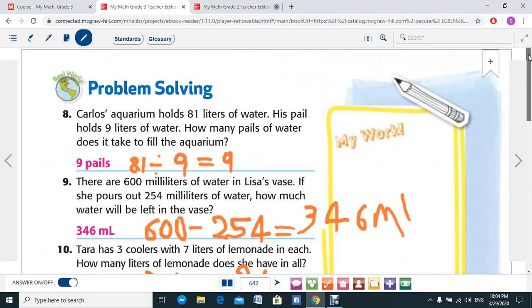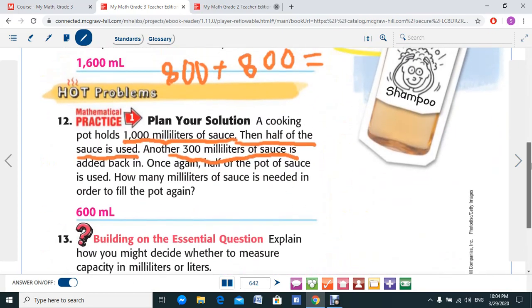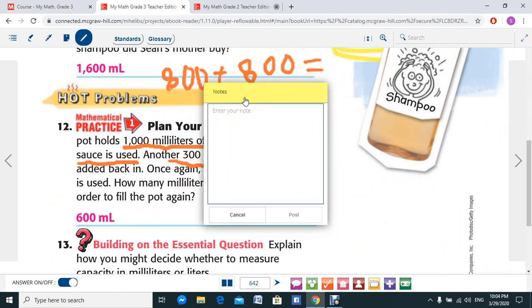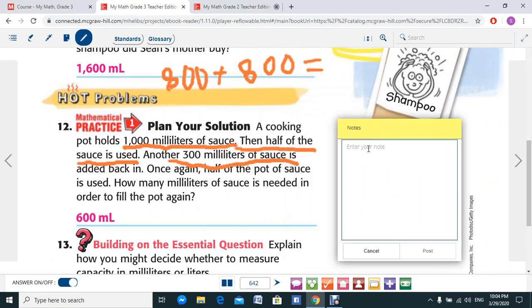Okay. Is it clear? Should I do it again? Okay. Again, stay with me, grade 2, grade 3. The pot contains 1000 milliliters. Half of it was used, so we will subtract 500 milliliters, which is the half.